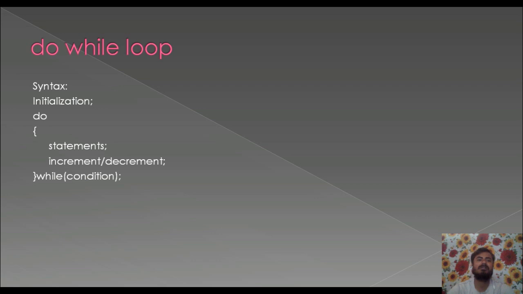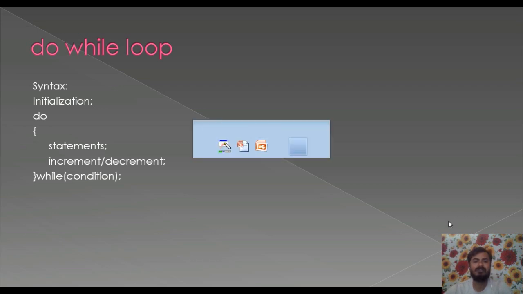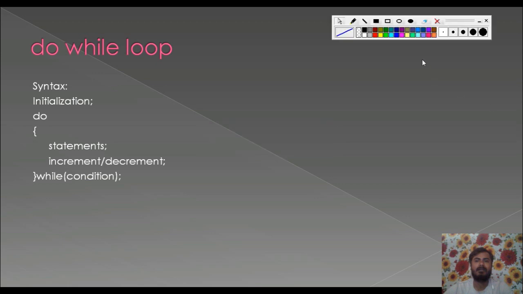So we can see the syntax here. First of all, initialization is done. That means the initial value of the variable is given, which is going to be used in the loop. Then we use the keyword do. Then we give the opening braces.